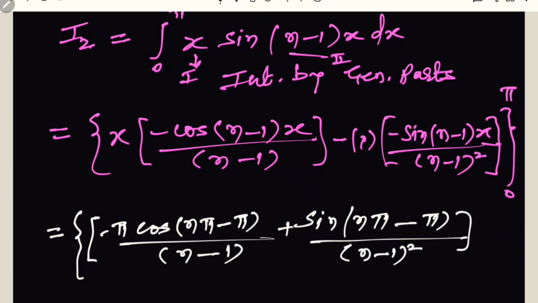And for the lower limit, x is 0, sine 0 is 0. Therefore, both the values are 0.